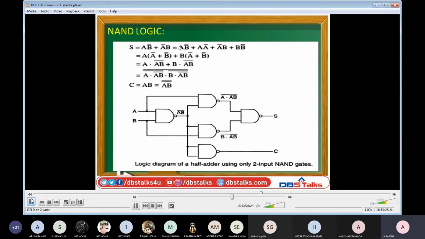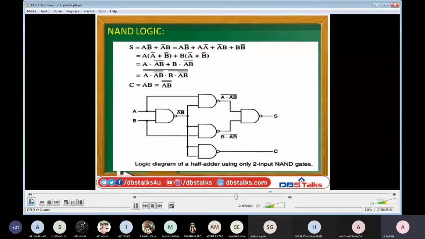From these two, we are taking A common as A into A complement plus B complement. From these two, we are taking B common as B into A complement plus B complement. So by the postulates of algebra, we can write it as A into AB complement plus B into AB complement.